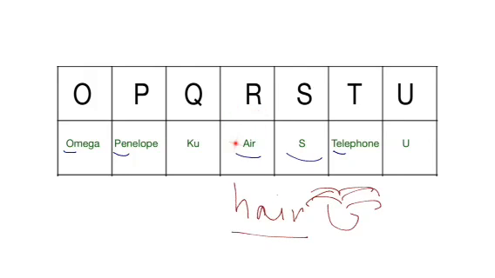This letter here, air. S will be the same thing like in English, S. The T of English will be T in French, like the T-E of telephone, T. And the U of English will be U, but we go through this one later. Let's move on.